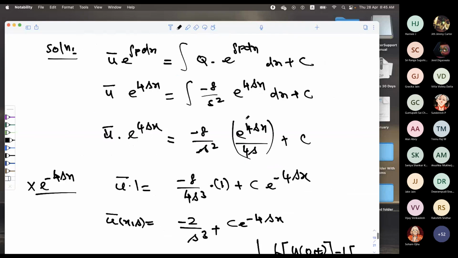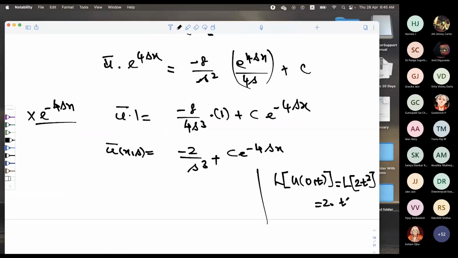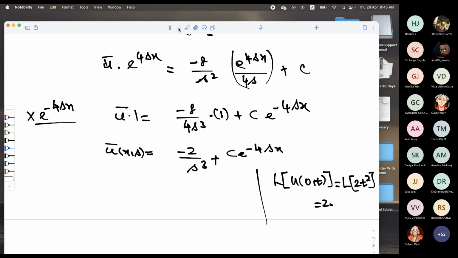So it is 2 times t square, which means 2 factorial divided by s cube, right? It is n factorial divided by s to the n plus 1. So 2 times 2 by s cube. So it is 4 divided by s cube. Is it clear?